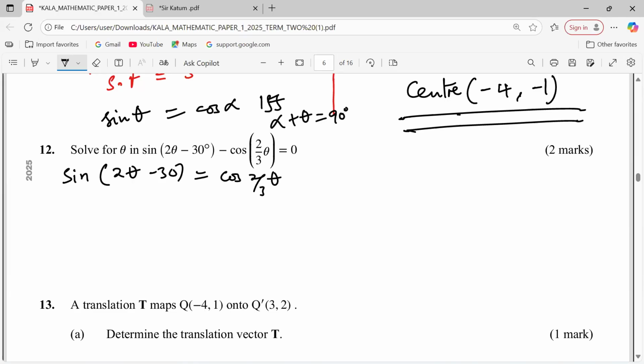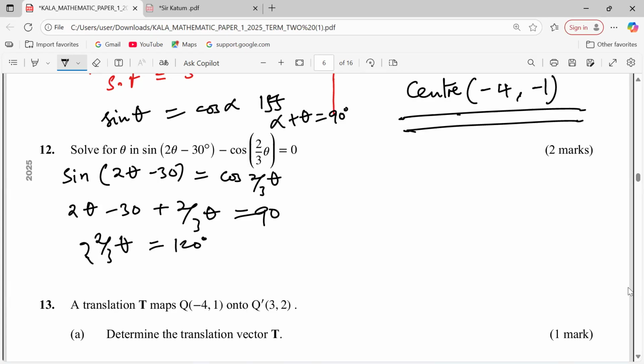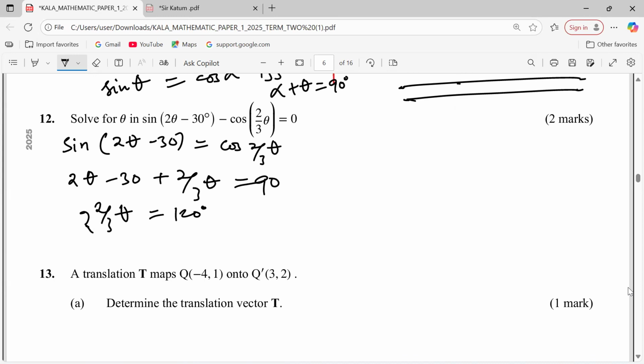In other words, they add up to give us 90 degrees. So 2 theta minus 30, when we add 2/3 of theta, should get 90. If that is so, then 2 and 2/3 of theta should give us 120. Yeah? So we can divide through to get the value of theta.